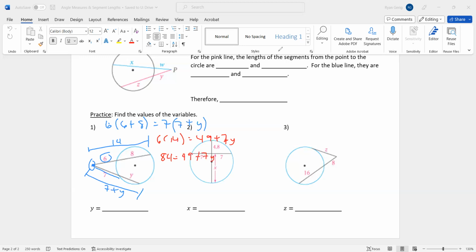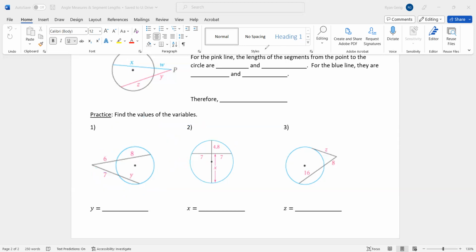Subtract 49. 84 minus 49 is 35. So 35 equals 7y, and y equals 5. And you can check it. 6 times 14, is it equal to 7 times 12? 7 plus 5 is 12, and 7 times 12 is 84. So that is the first one.